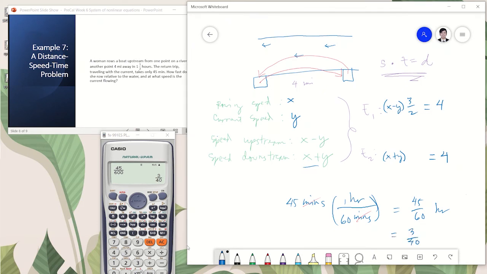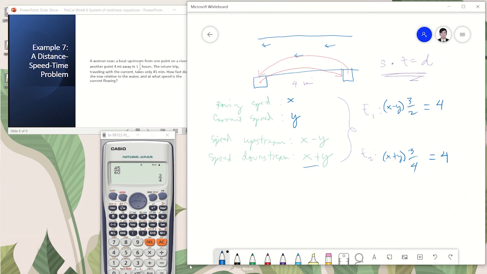Oh wait, so 45 over 60, that's 3/4. So you put 3/4 here. So those are the two equations that we have.